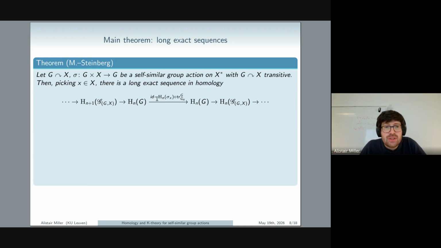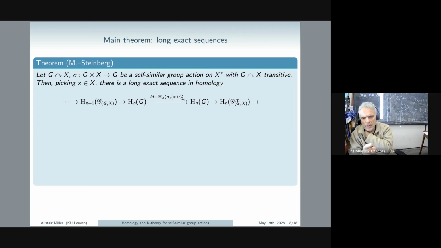I should note, I'm assuming here that the action of the group on the alphabet is transitive. This is only to make the statement look a bit nicer. Otherwise, we'd have to take a sum here over x from each orbit. But in any case, all of the nice examples that we want to look at have this property. It's really not too bad an assumption.